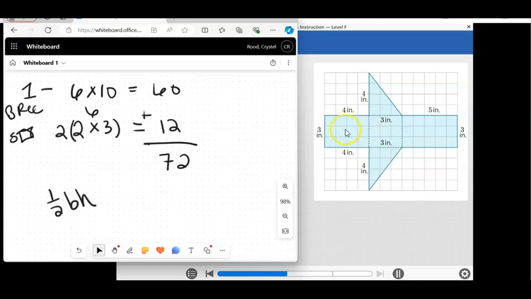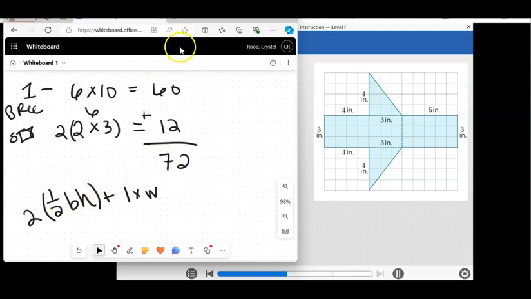And then I have 3 rectangles, or 1 square and 2 rectangles, where I add length times width. Now I have 2 triangles, so I take half of base times height and multiply that by 2. I need to find the area first and then multiply it by 2.